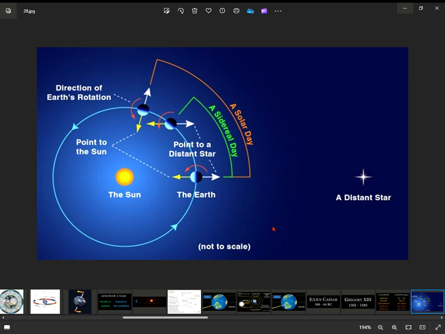A sidereal year lasts 365 days, 0.2563 of a solar day, or 366 days, 0.242 of a sidereal day. This is the time Earth takes to complete its illusory orbital circle relative to the Sun and relative to the nearest brightest star.